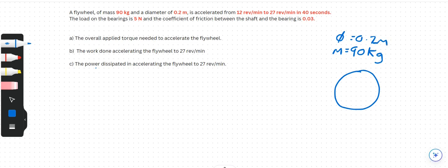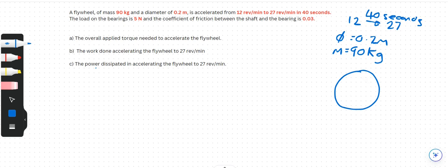It starts off at 12 RPM and goes up to 27 RPM in 40 seconds.